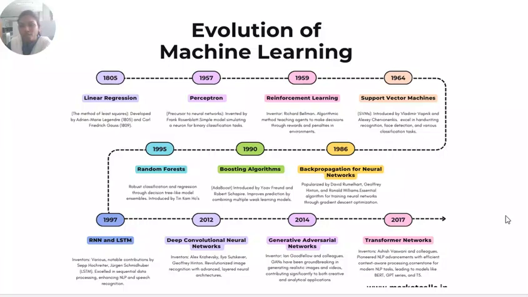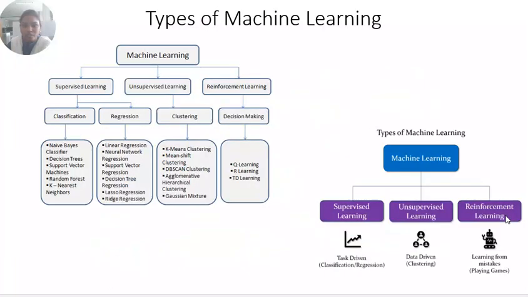Then in 1964 there is the support vector machine, then backpropagation of the neural network, then bagging and boosting algorithms, then random forest algorithms, then RNN, LSTM, deep convolutional networks, then generative AI and transformer. So this is the evolution of machine learning.